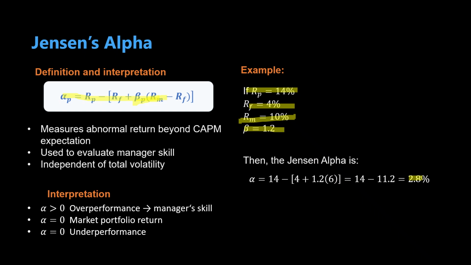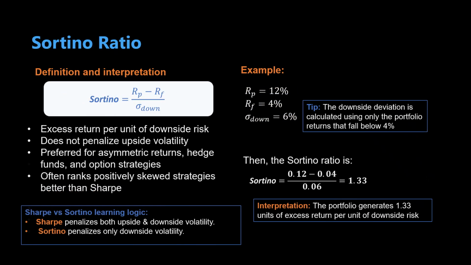If the underlying assumptions of CAPM don't hold, for example, in markets with significant liquidity premiums or pricing anomalies, then the alpha estimate is unreliable. Understand the meaning of different alpha values as shown here in this part.